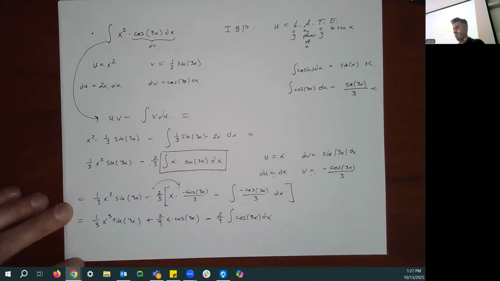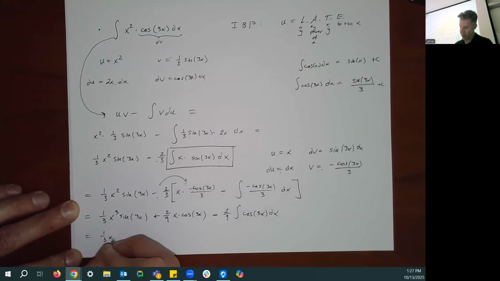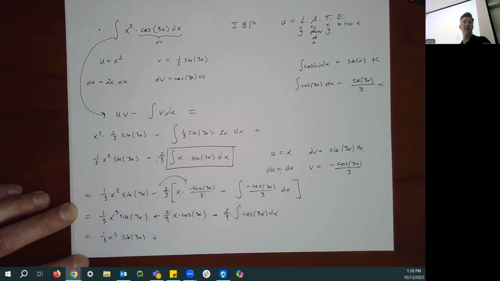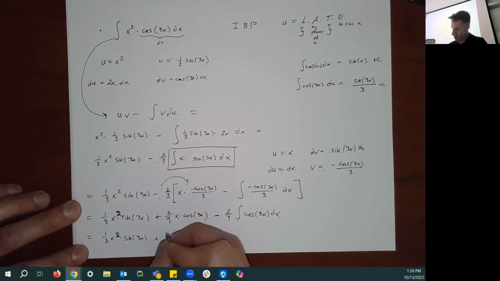And then to finish the problem off, sure, we can write it one more time, even though it feels terrible. 1/3 x cubed times sine of 3x. X cubed? Don't be careful, right? It's really easy for a 2 to accidentally turn into a 3 if you're not looking that closely. And then 2/9 x times cosine of 3x.